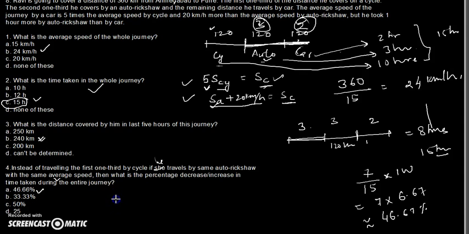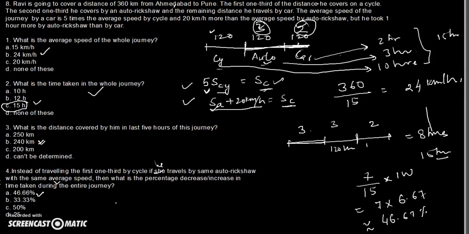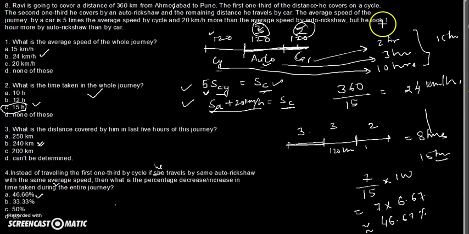So in the entire question, what we did is, rather than using cumbersome calculations, we used one piece of information to our advantage, and that was this: he took 1 hour more by auto rickshaw than by car. So if we took the time by the auto rickshaw to be t, the time by car was t minus 1.